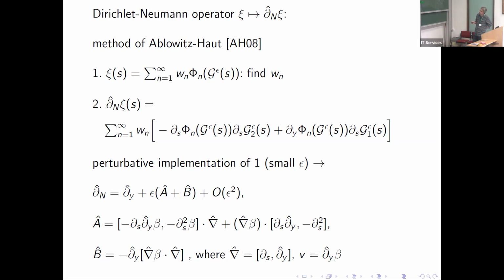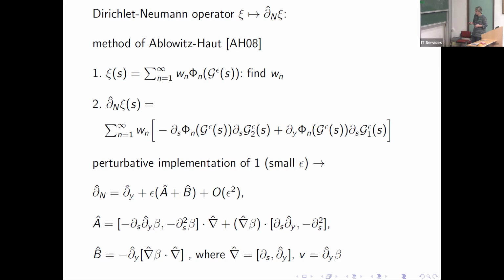So this is done numerically, and this was proposed for numerical evaluation, but we have done it perturbatively in a very naive way and found an expression for the composition of these two linear operators.